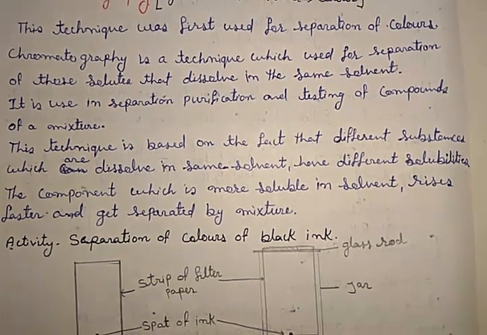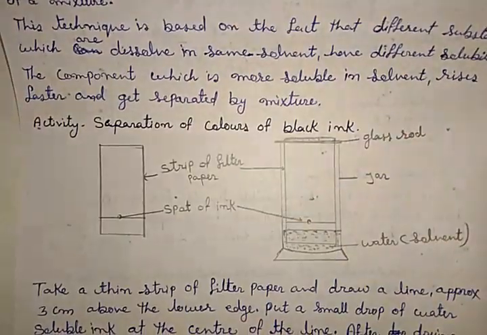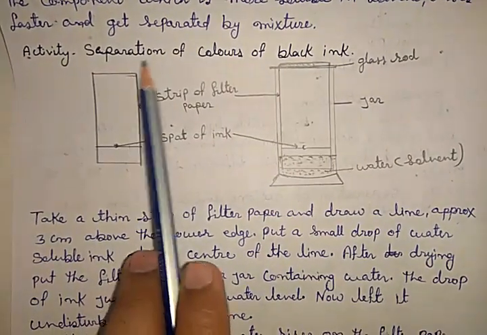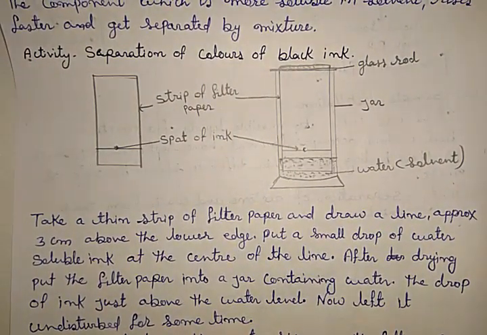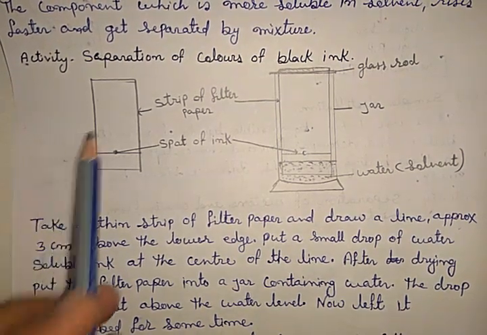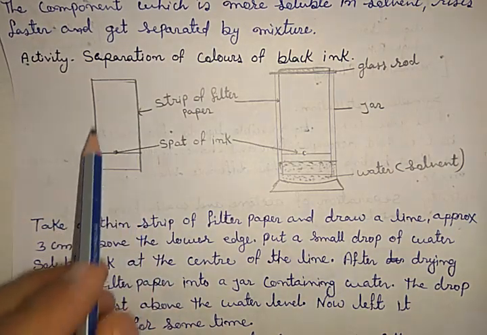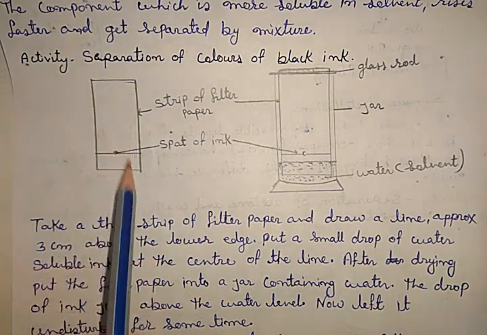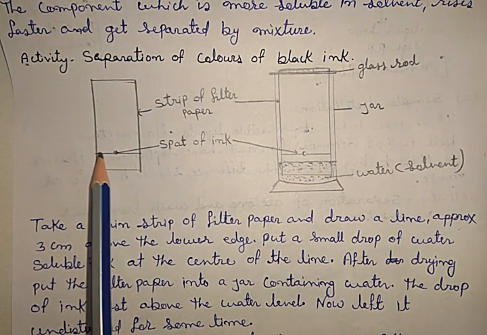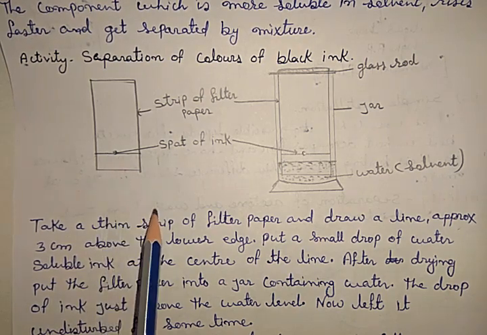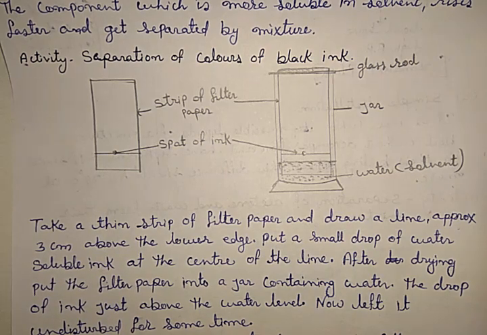Okay. To understand it, now we do an activity. The activity is separation of colors of black ink. For this, we take a strip of filter paper like this, and then draw a line approximately 3 centimeter above the lower edge.